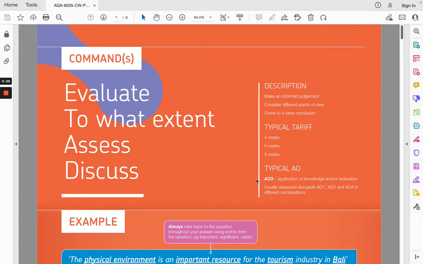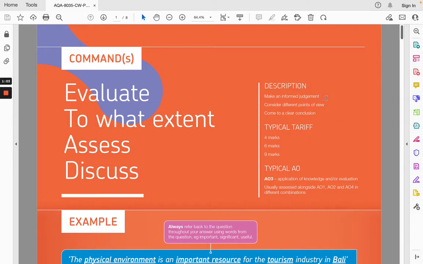Understanding these commands is so important to the overall process of revision. It's not just knowing what you need to write, it's knowing how you need to write it. I've already done a video on the evaluative command words that we can see here, but when your command involves one of these four, you need to be making an informed judgment.